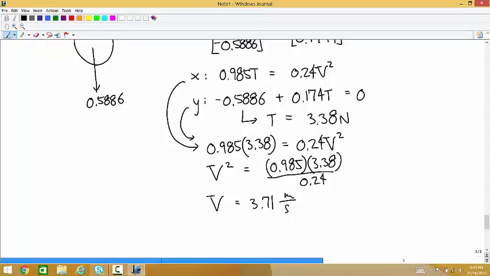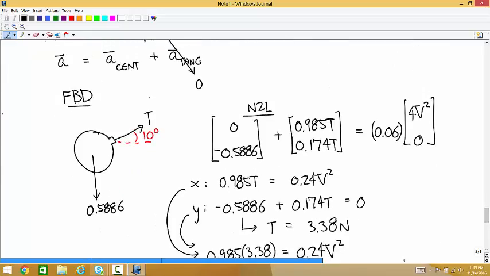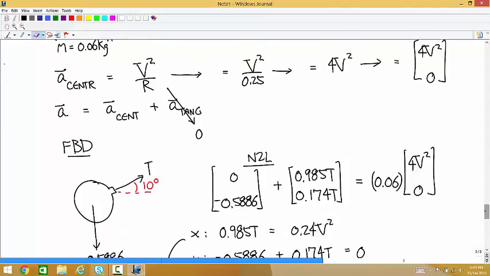Anybody have any feel for, as that angle gets smaller and smaller, what do you think happens to the tension and the speed? Do they just keep going up towards infinity, or do they reach some limit? Wouldn't the most angle go?